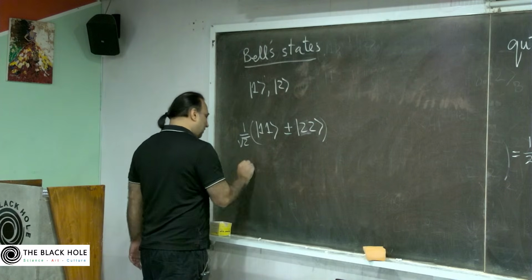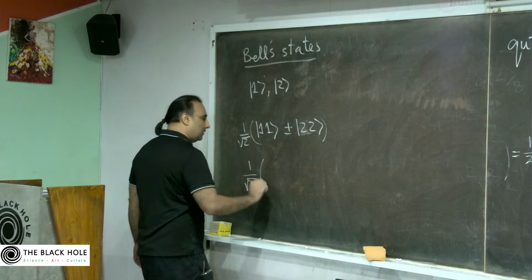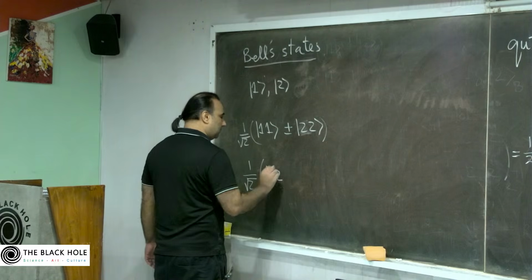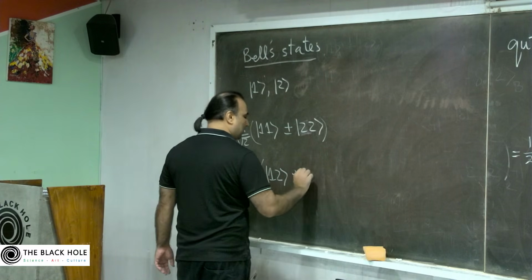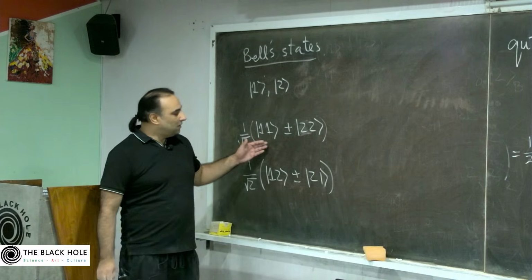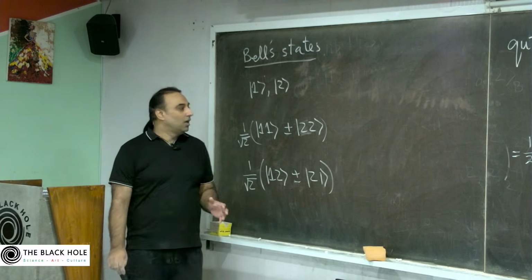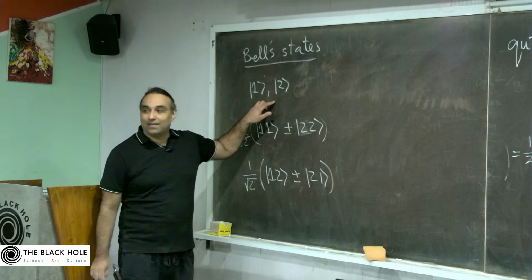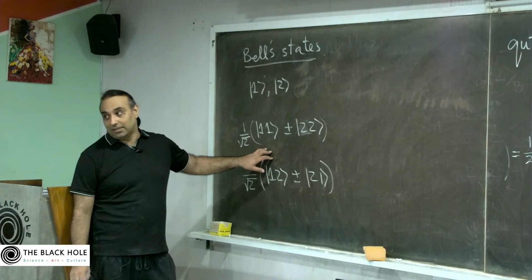So there are 2 of these and there are 2 of these. These are 4 states, 2 plus 2 is 4. These are called Bell states, and these are maximally entangled.